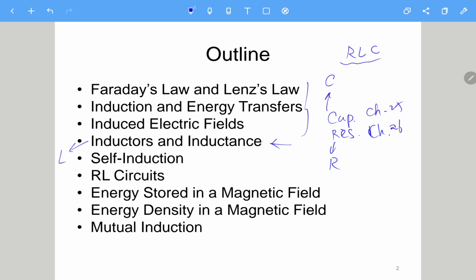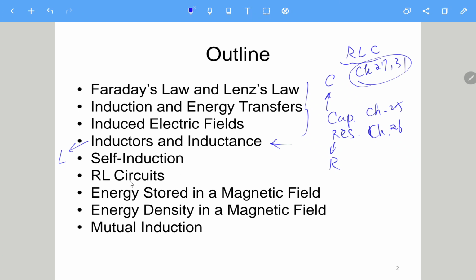These are the three fundamental circuit elements for electric circuits. And in chapter 27 and chapter 31, we will learn a bit about circuit theory.